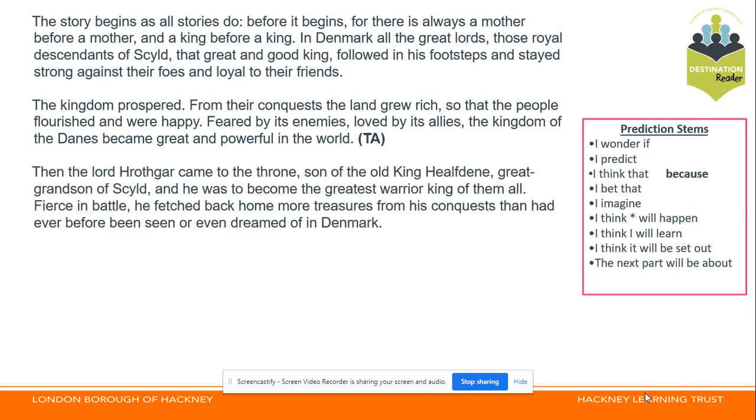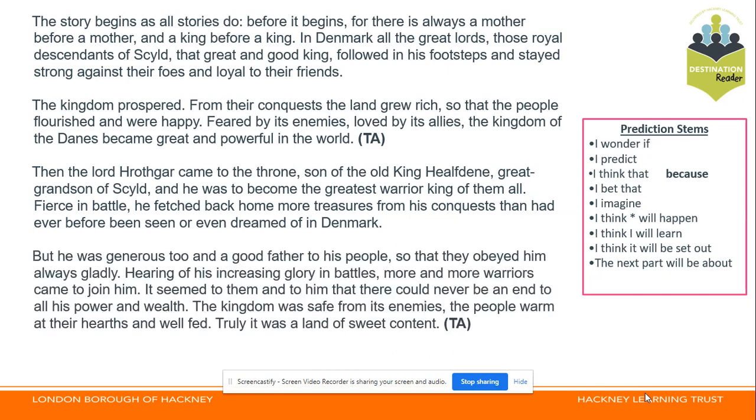Then the Lord Hogarth came to the throne, son of the old king Halfdan and great-grandson of Sid, and he was to become the greatest warrior king of them all. Fierce in battle, he fetched back home more treasures from his conquests than had ever been seen or even dreamed of in Denmark.